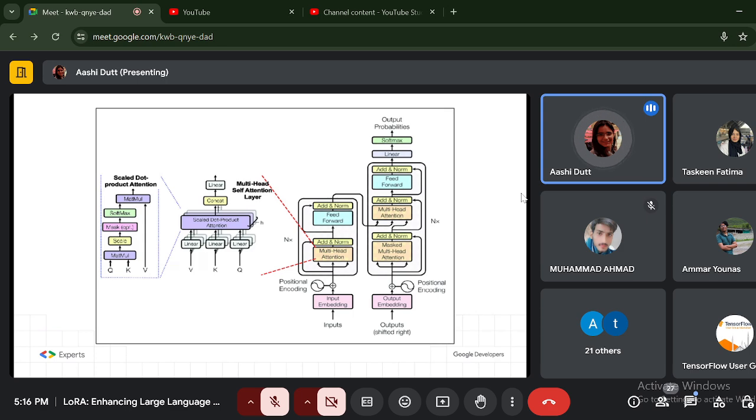On the left-hand side, you can see three letters written: V, K, and Q. V stands for the value vector, K stands for the key vector, and Q stands for the query vector. These vectors are formed from the original input embeddings that we got initially, right? Now, these will be used to calculate the attention score. This attention score will be used next time when we are predicting words, right?